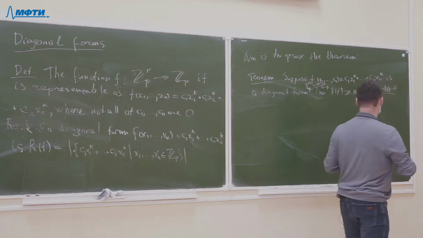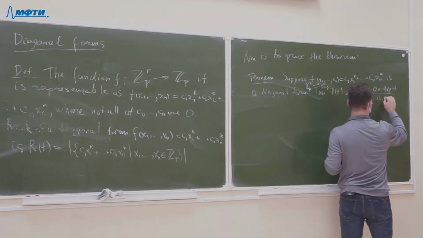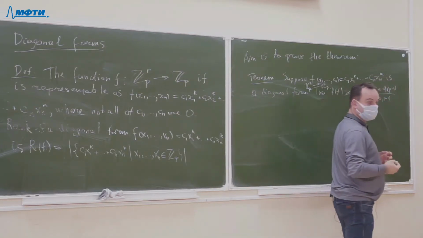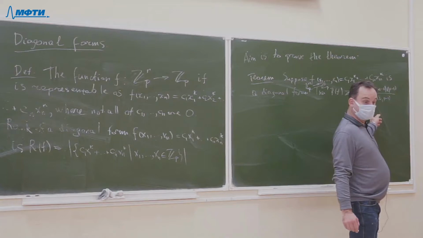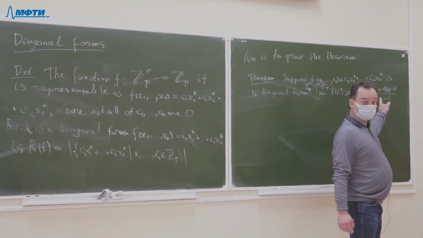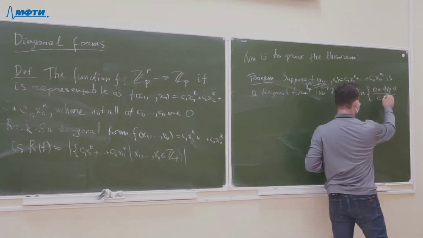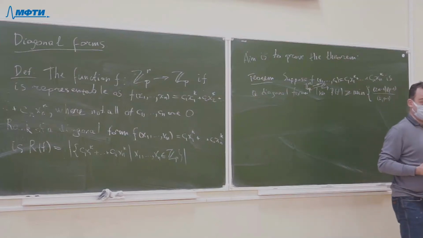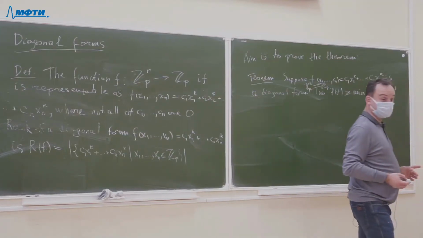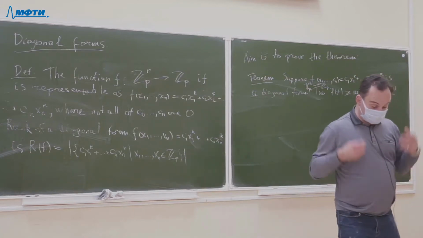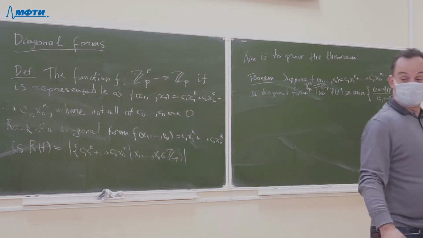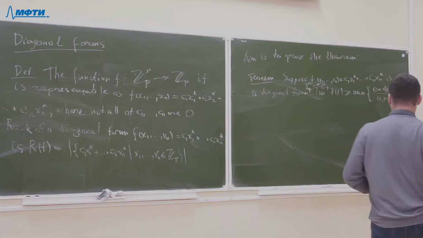Do you understand what this is? This notation, the brackets, do you understand this notation? This is the GCD, greatest common divisor, of k and p minus 1.